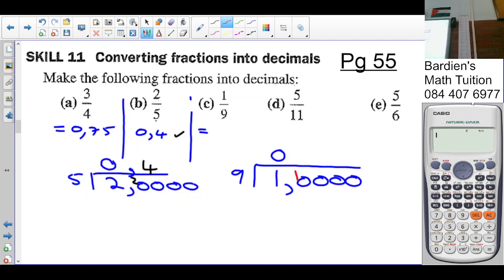So this number is now 10. 9 goes into 10 how many times? 1. Carry 1. Again, 9 goes into 10 once. And so on. So in line with this comma, I put that comma. The answer is 0,111.